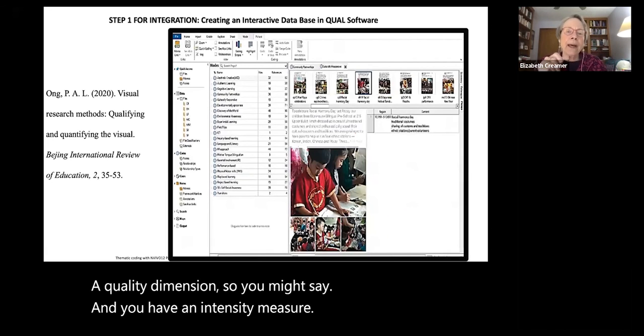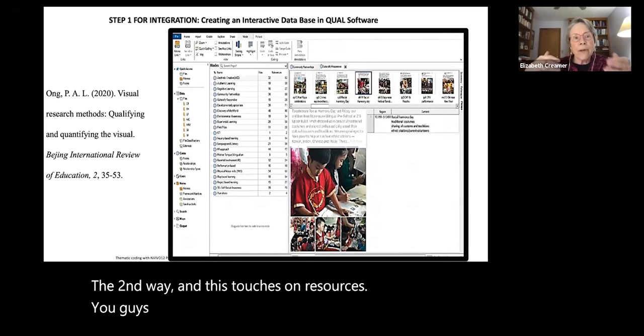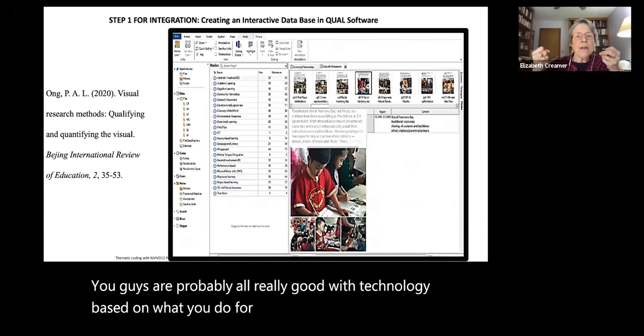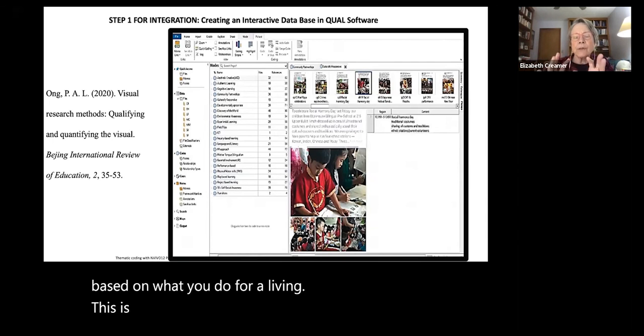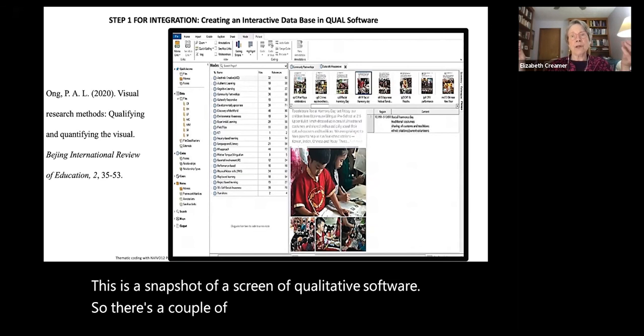The second way, and this touches on resources, you guys are probably all really good with technology based on what you do for a living. This is a snapshot of a screen of qualitative software. There's a couple of big qualitative softwares that work great with mixed methods.